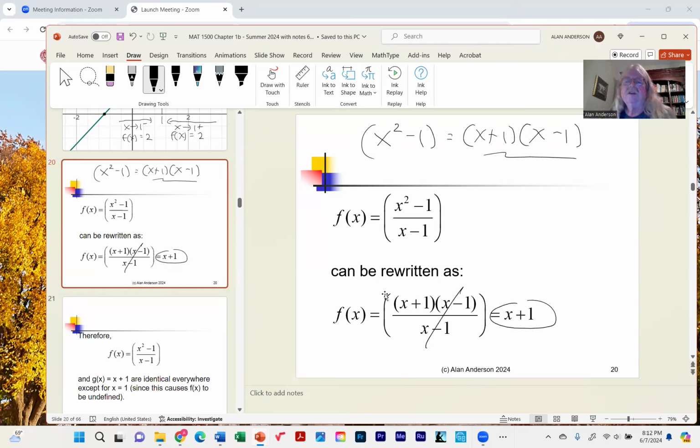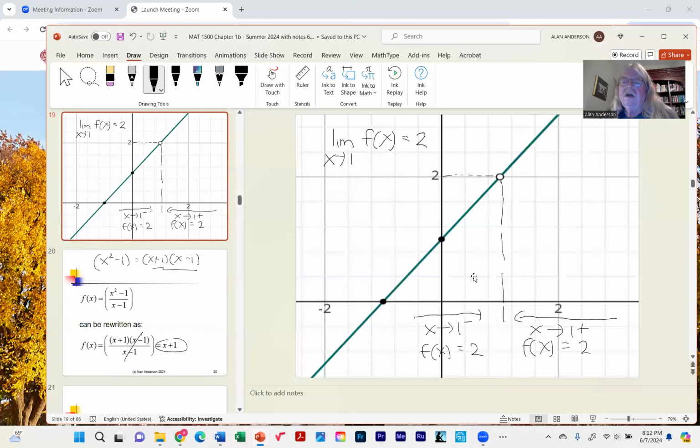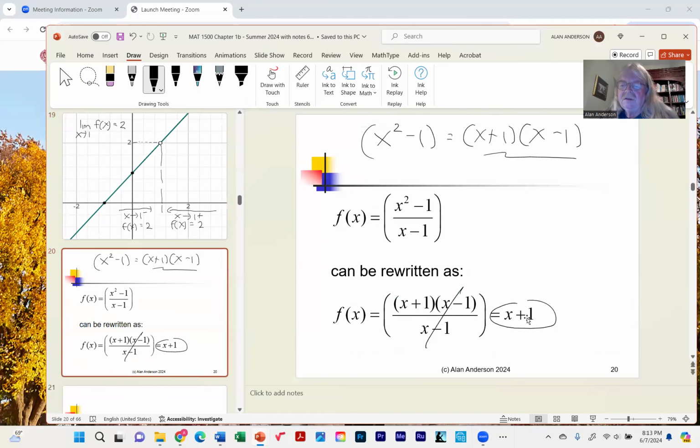So what the theorem is basically telling us here is this. This is the original function. It has a hole. This function does not have a hole in it. Let's draw these side by side.